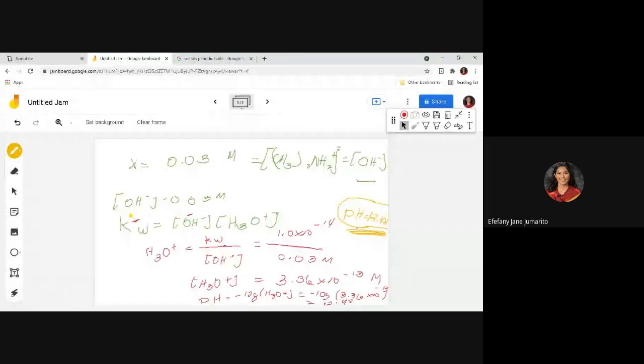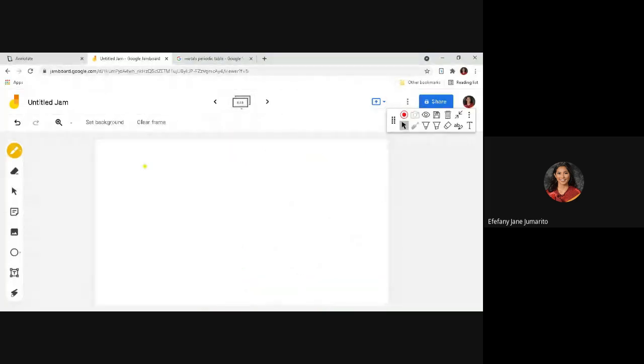Okay, we have this other formula. pH is negative log of H3O plus.